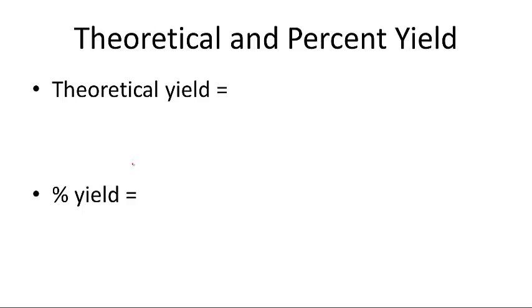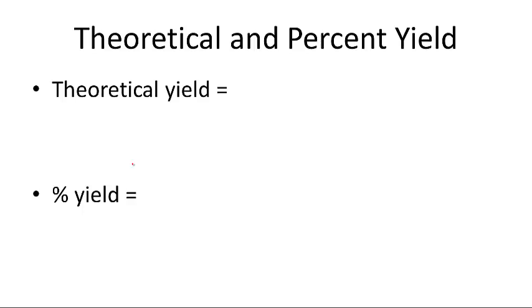So the same thing happens in a chemical reaction. You can calculate, all right, this is how much of the product I should make, but there are side reactions that can happen. So there are other things that could happen that use up some of your reactants. Some might get spilled along the way. So you might say, well, we weighed out 5 grams of reactant, but maybe only 4.9 grams of it made it into the reaction vessel. Sometimes reactions just don't go to completion. And so the theoretical yield is the maximum amount that you calculate based on stoichiometry.